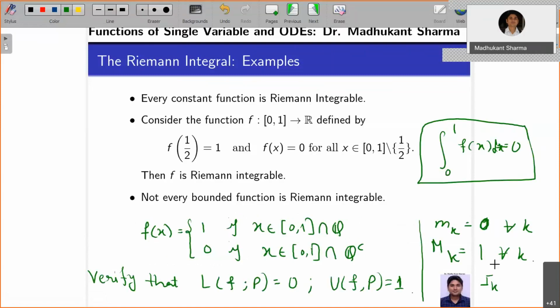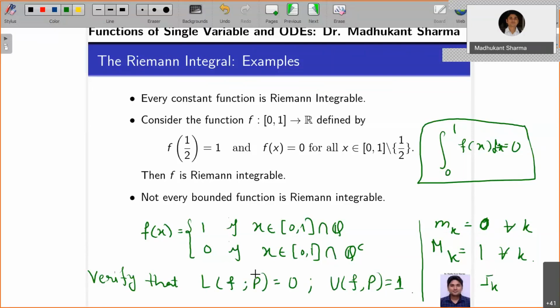Ik will contain infinitely many irrational numbers as well as rational numbers. So in this Ik, the value of the function is either 0 or 1. It can take the value 0, and somewhere the function will take the value 1 as well. So the supremum is 1. Okay, so capital Mk is equal to 1 for every k, and small mk is equal to 0 for every k.